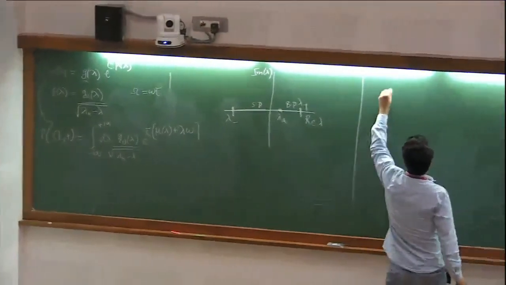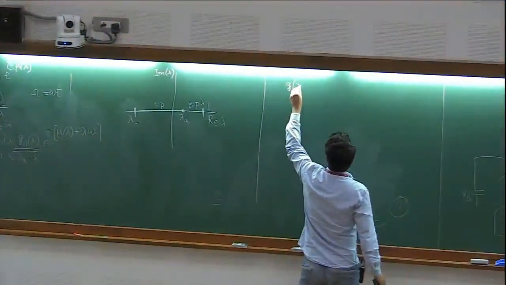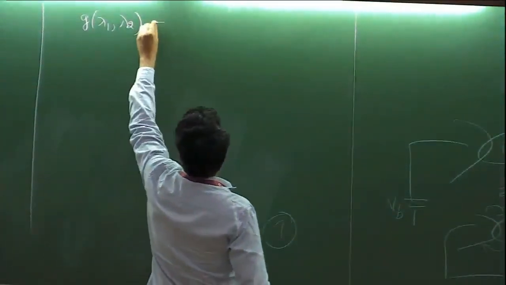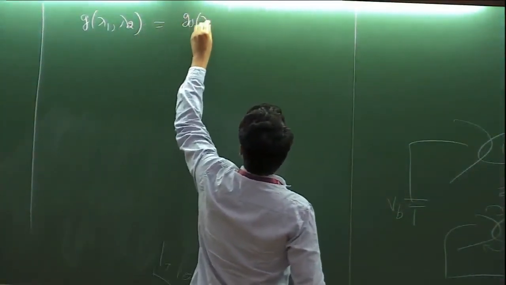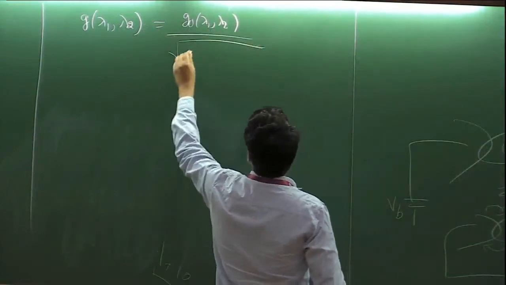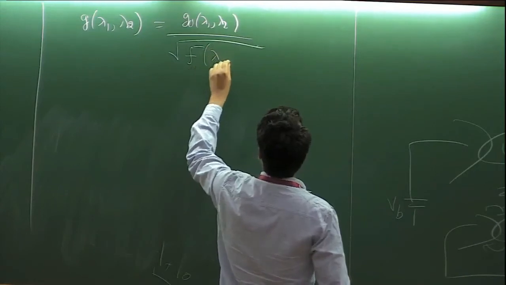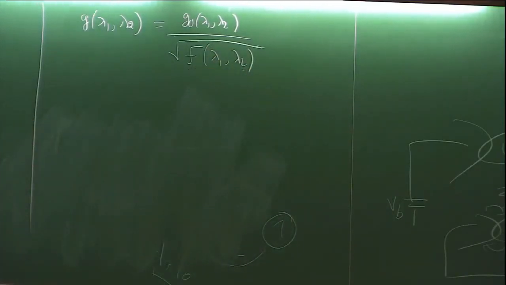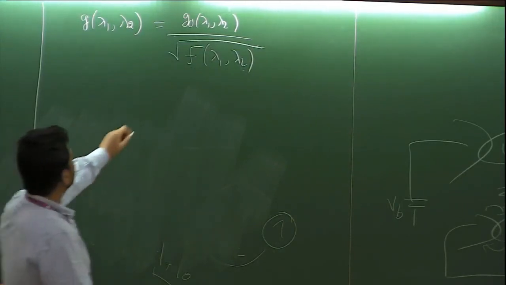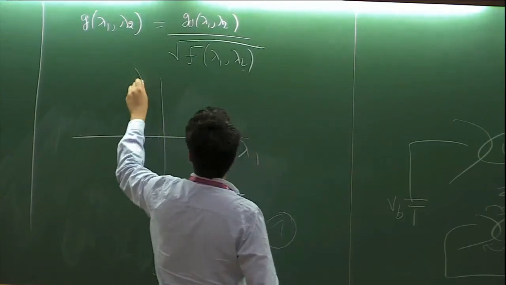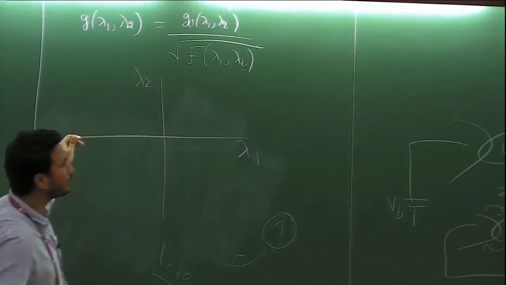In my case, g lambda is now g of lambda 1, lambda 2. It has this analytic part, and there is some problematic part that I am defining as f negative lambda 1, lambda 2. In that case it was only one dimension, written in a complex space. Here I have lambda 1 and lambda 2, and it becomes a 4-dimensional space.